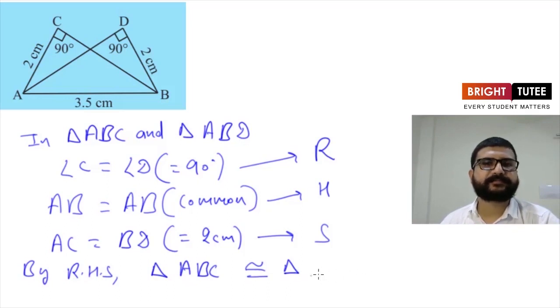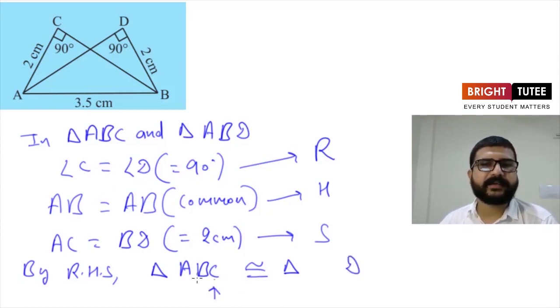What should we write here now? We have to be very careful while writing the order of vertices of the second triangle. It should be in correspondence with ABC, as we have written the order as ABC here. Now observe carefully, angle C is equal to angle D and vertex C is written at the end.